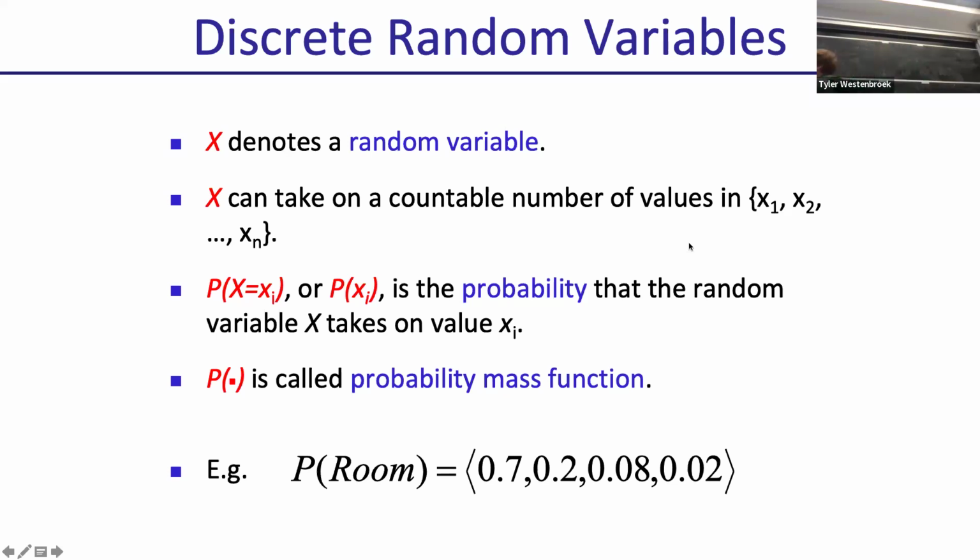For example, if I have a mobile robot and a bunch of different rooms, and I'm trying to estimate which room I'm in, I might have a world where my robot can be in a number of different rooms, with different probabilities associated to being in each of those rooms, given the observations that I've seen.